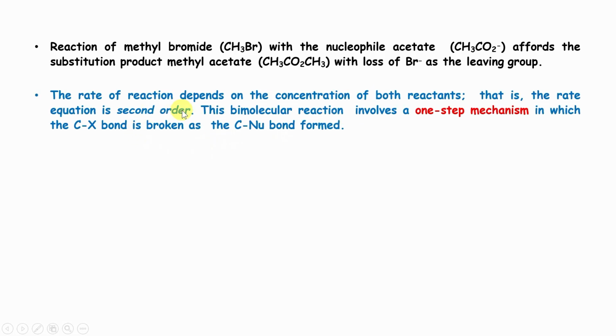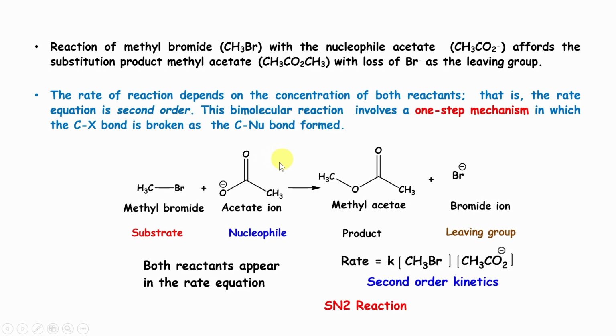The rate of the reaction depends on the concentration of both the reactants, that is nucleophile and the substrate molecule. That is why the rate equation is second order. This bimolecular reaction involves, as in the previous case, a one-step mechanism in which the carbon halogen bond is broken. Simultaneously, the carbon nucleophile bond is formed.